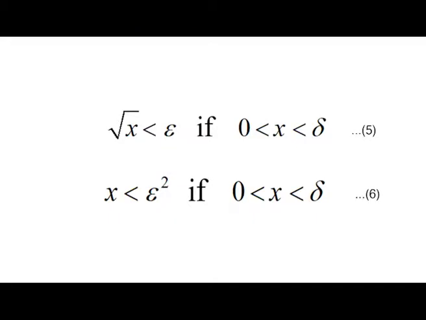Clearly, this statement is true if delta equals epsilon squared, and since 6 is a reformulation of equation 5, we have shown that equation 5 holds with delta equal to epsilon squared. This proves that the limit of square root of x as x approaches 0 from the right is 0.